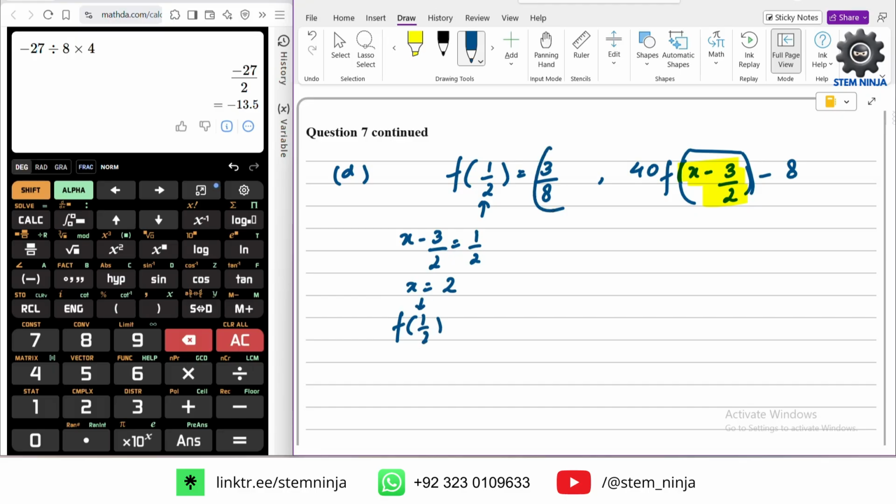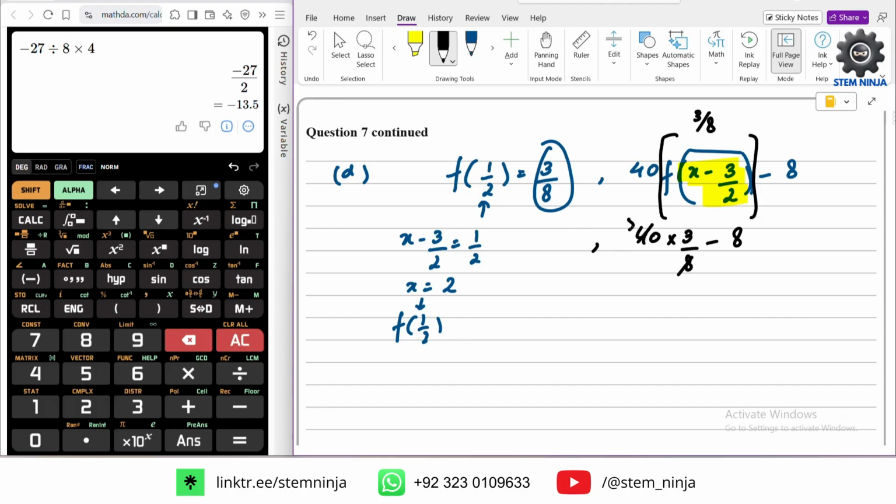Now the 3 by 8 value, you see f of this value, which is now going to be 3 by 8, is now multiplied by 40, then minus 8. So y value is 40 times by 3 by 8 minus 8.